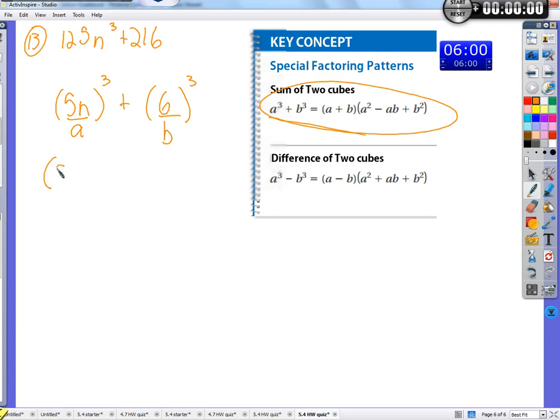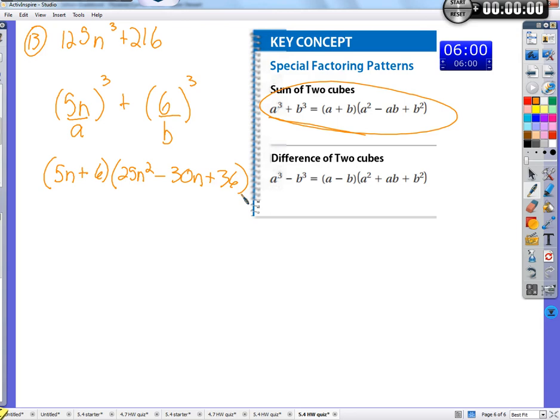So we get 5n plus 6 times 5n squared, that'd be 25n squared, minus 6 times 5n, 30n, plus 6 squared, b squared, 36. Sum of cubes.